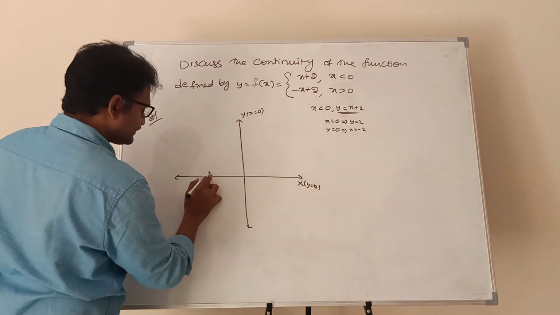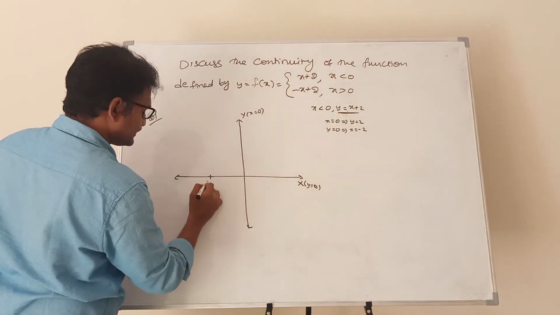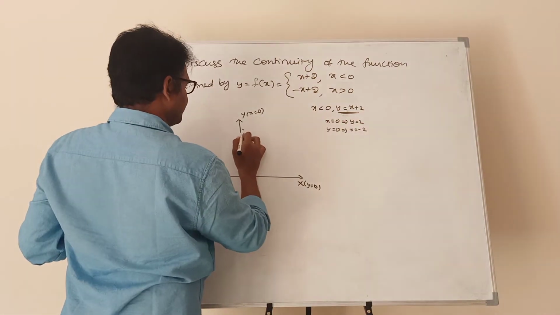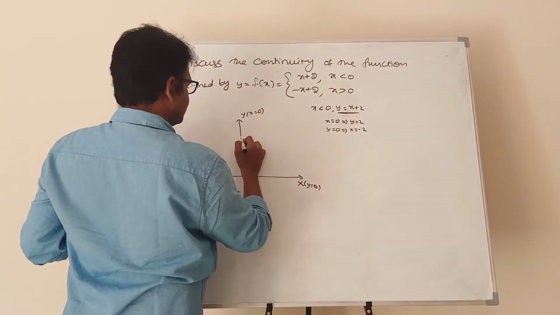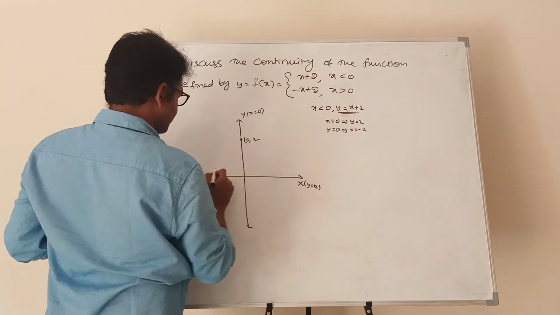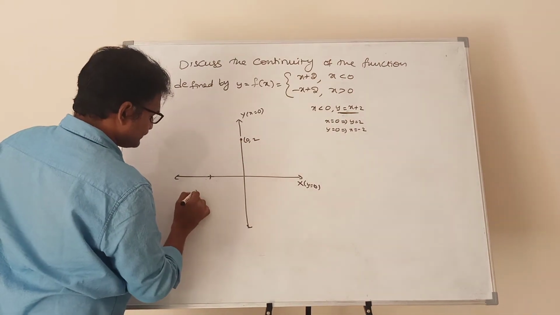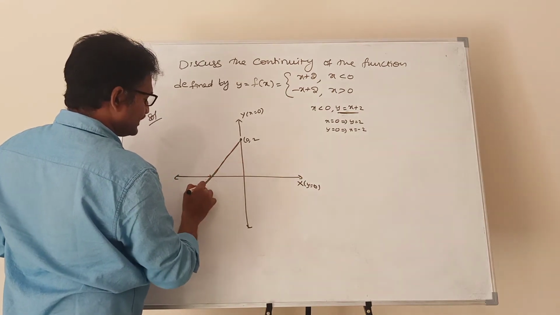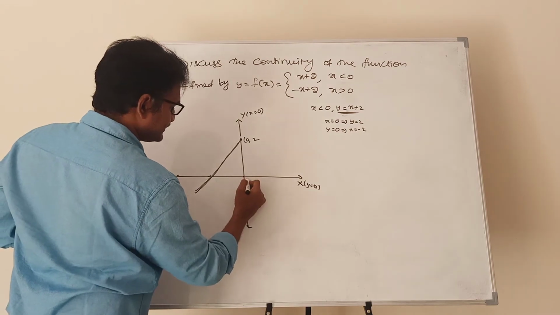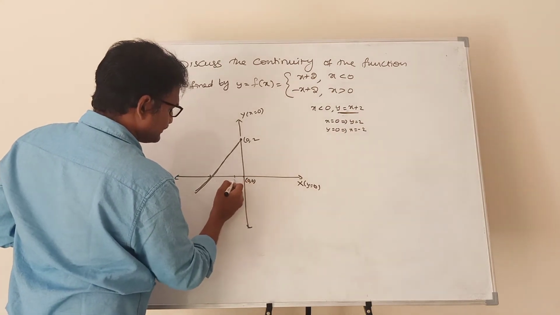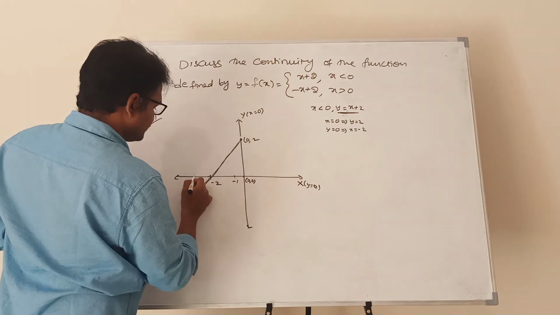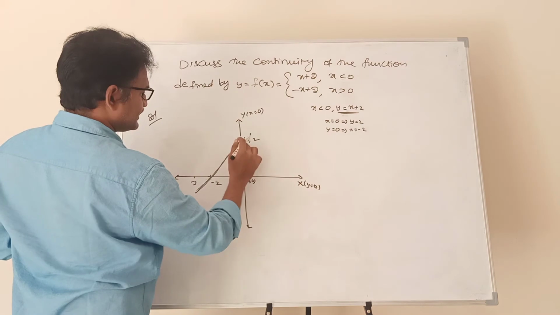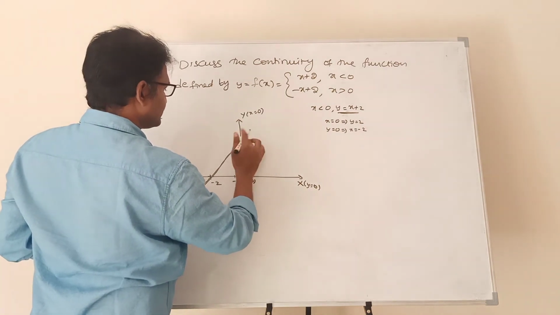So the line will pass through minus 2 comma 0 and 0 comma 2. All these values, minus 1, minus 2, minus 3, are x less than 0. This is the line equation.